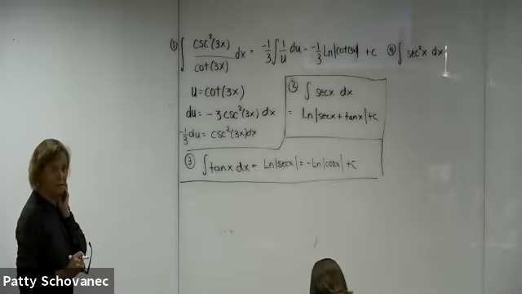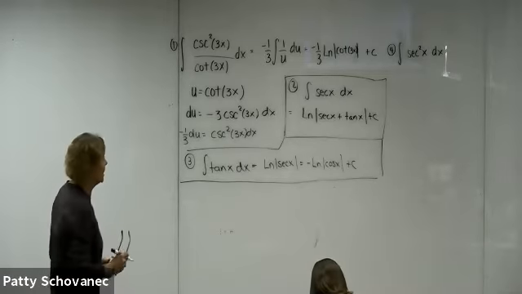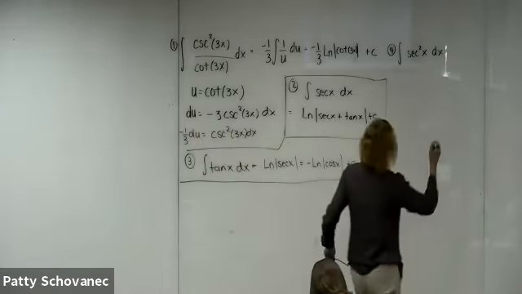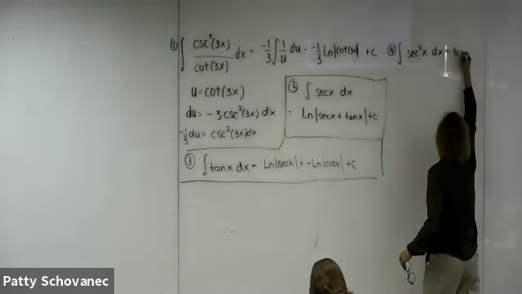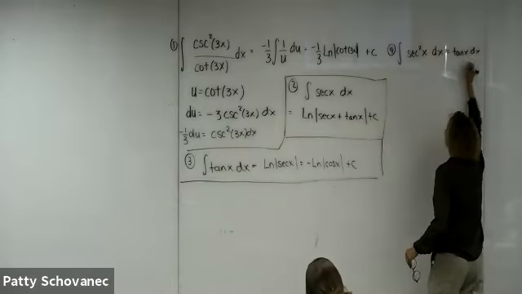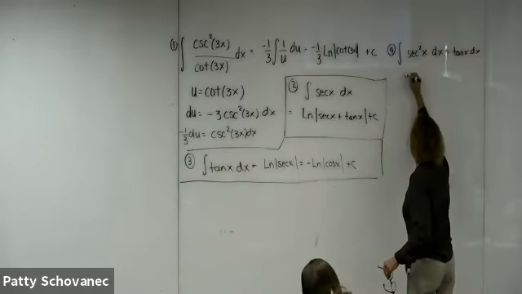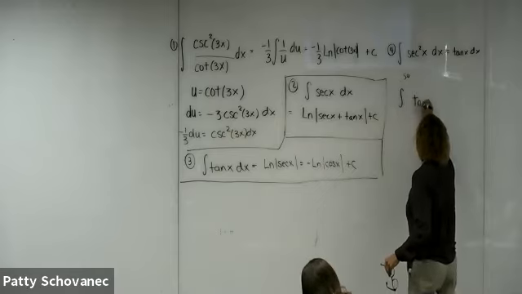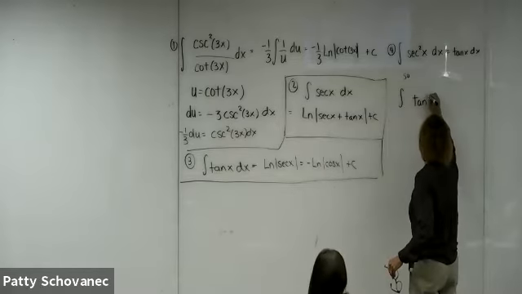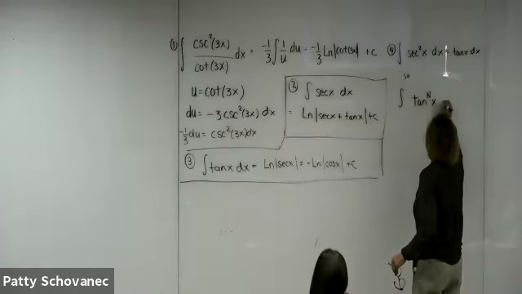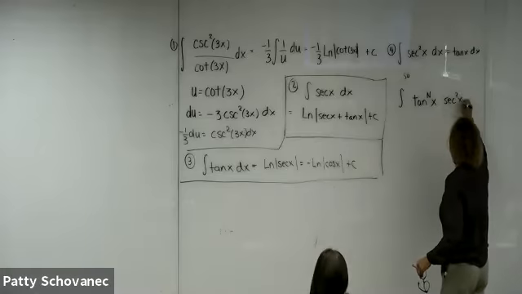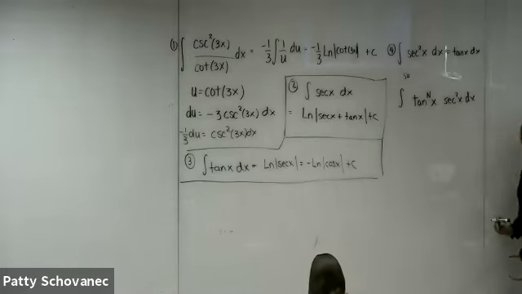Another memorized thing. The function has as its derivative secant squared is the tangent. So the integral of secant squared is the tangent. So if you have any combinations of tangent to whatever power, right?